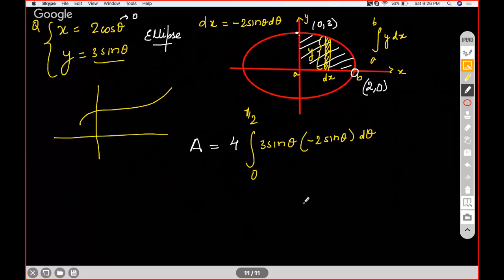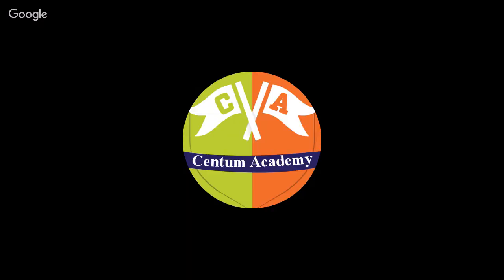That means I want to find out the area of 12 times, in fact 24 times, -24 integral of 0 to pi by 2 sine square theta d theta. Okay. Now, how do I find this out? Very simple. Sine cube theta, sine 3 theta by 3.